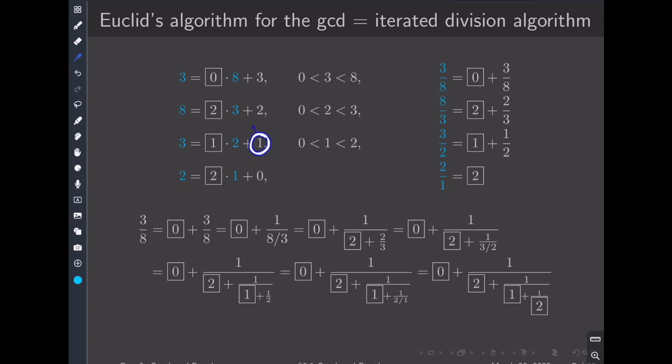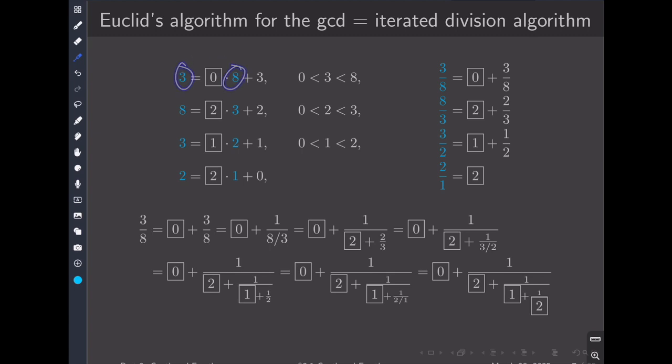And actually, we can start substituting. Here, we know that this residue came from this one, and we can perform the corresponding substitution, etc., so that one can write the last non-zero residue as a Z-linear combination of the two original numbers.